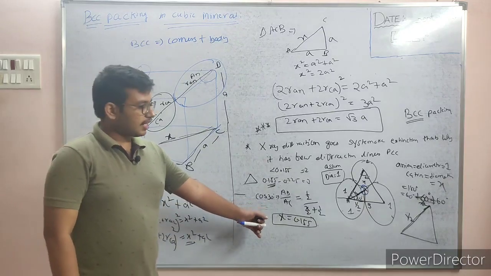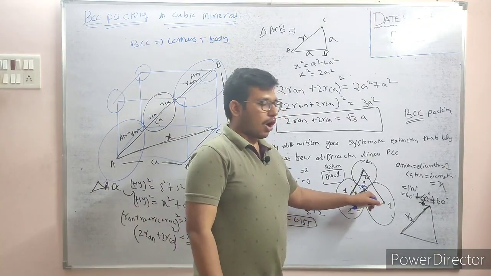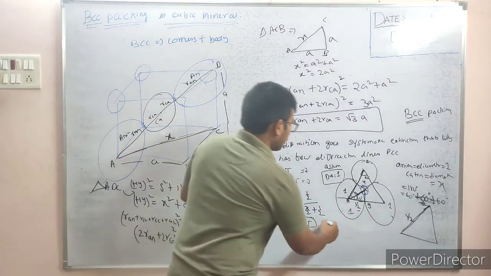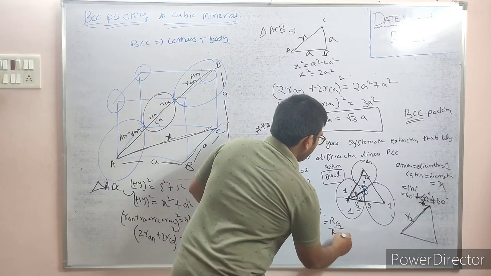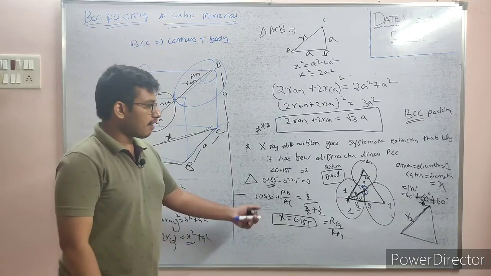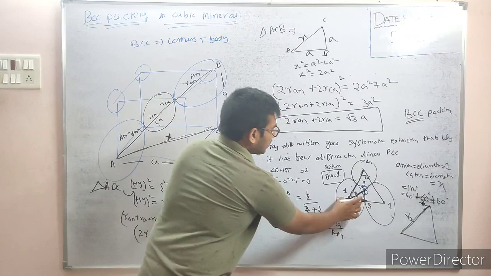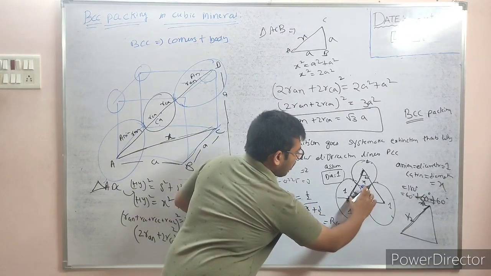Sir, you can ask that this x is actually the diameter of the cation. How can it be said to be a radius ratio, like radius of cation upon radius of anion? Now you have a good question, right? Because we are taking cos 30, adjacent side upon hypotenuse.